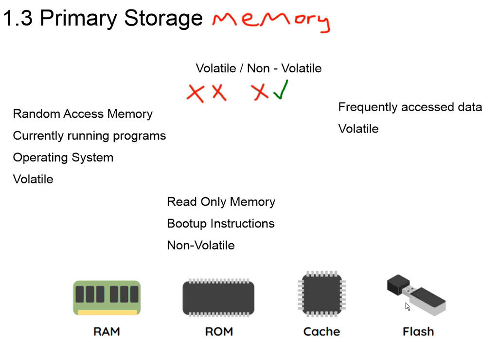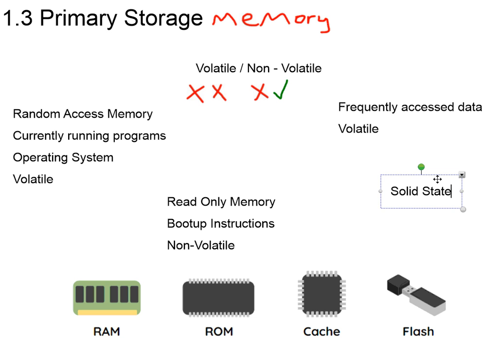Okay. The final type of memory, they haven't actually asked about in any of the previous specifications, because flash is just another word for solid state. So we're going to look at solid state right now, actually, in 1.4 secondary storage.